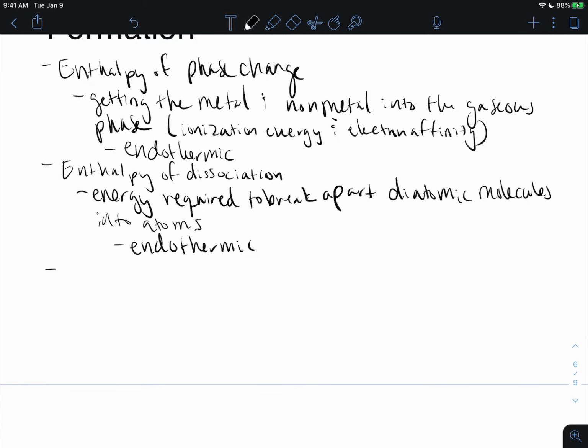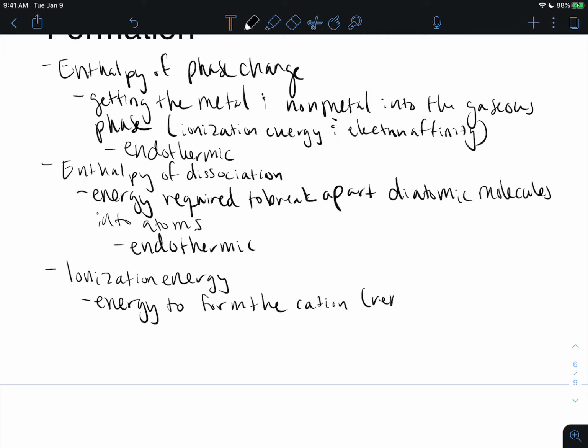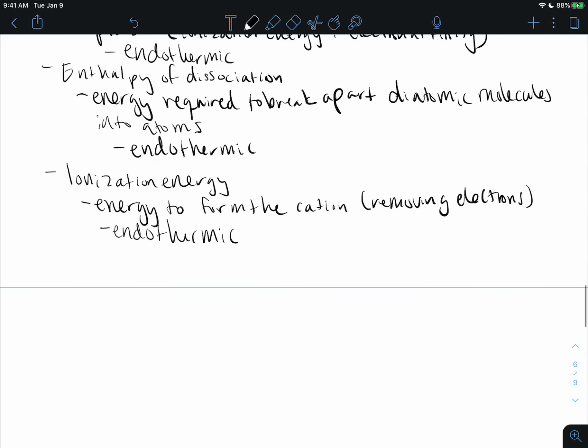Next, we have our ionization energy. And this is going to be the energy to form the cation. So removing electrons. This also is endothermic, so it requires energy.